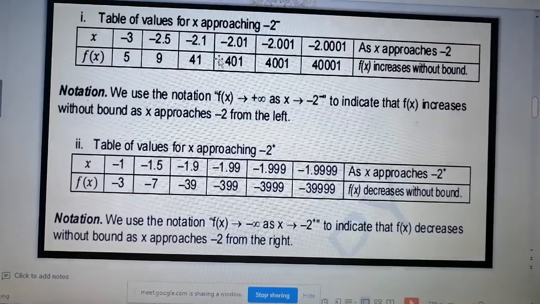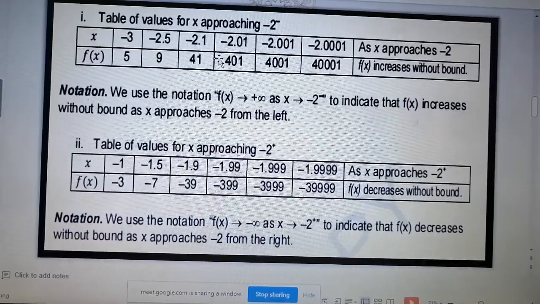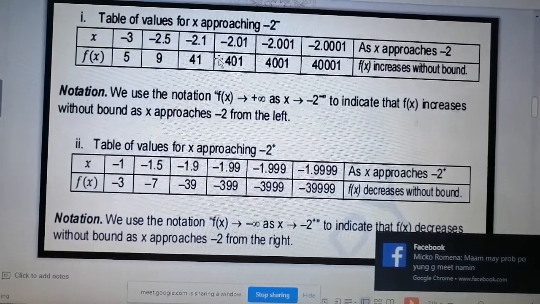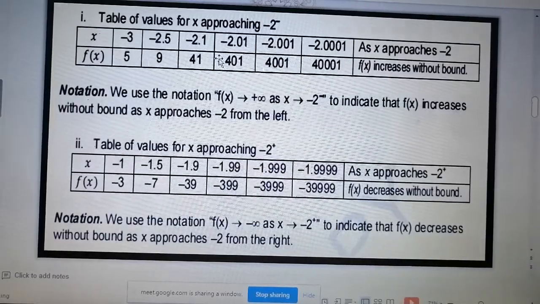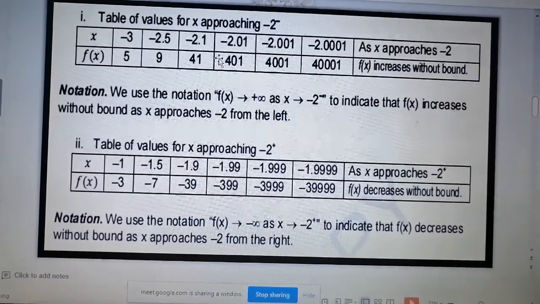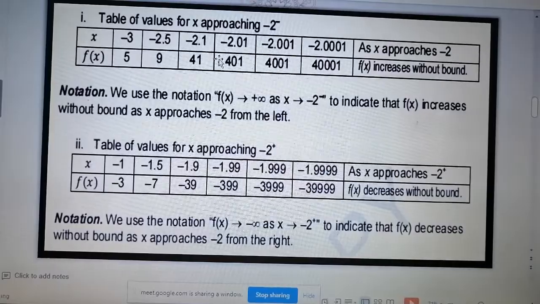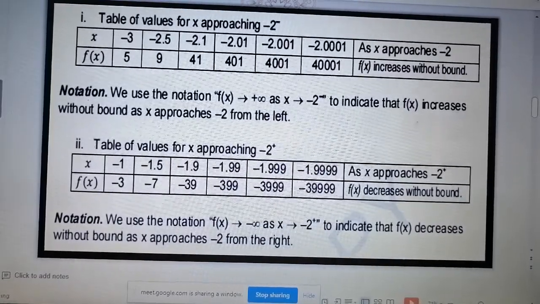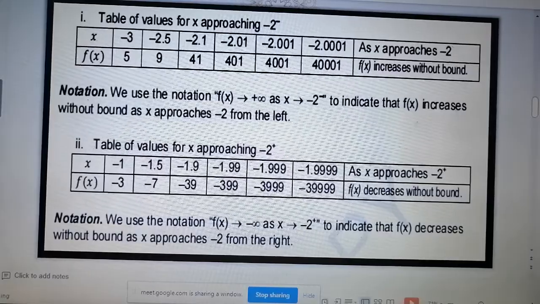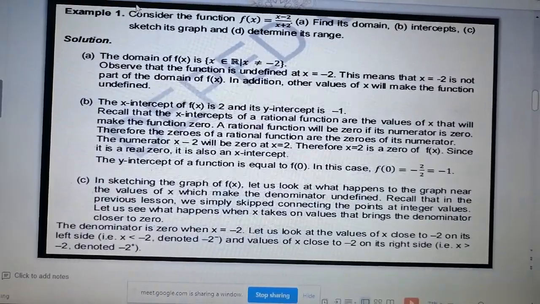Anak, ganito yun. Negative 3 raised to negative... Negative 3 times... divide yan.